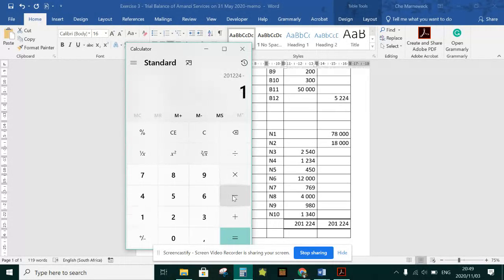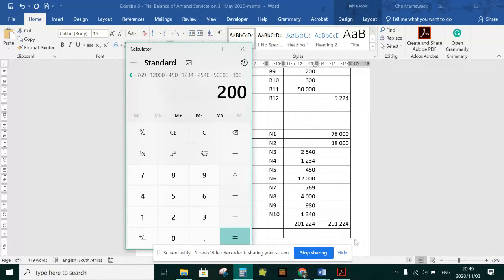I'm going to minus 1,340. Start at the bottom. Minus 980. Minus 4,000. Minus 769. Minus 12,000. Minus 450. Minus 1,234. Minus 2,540. Minus 50,000. Minus 300.